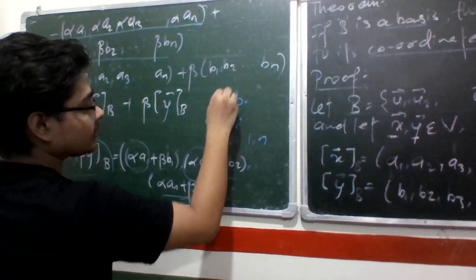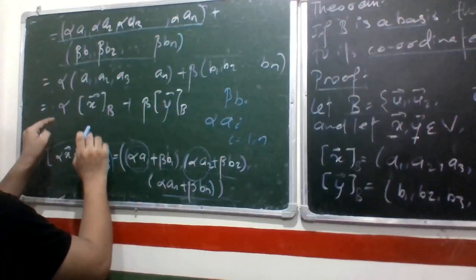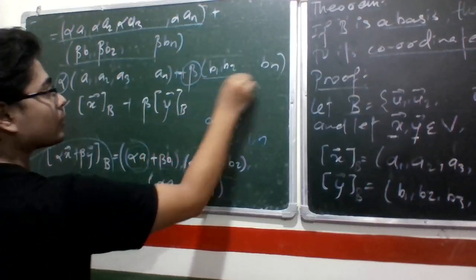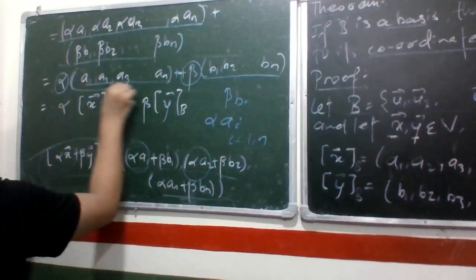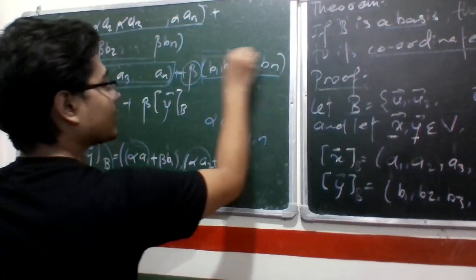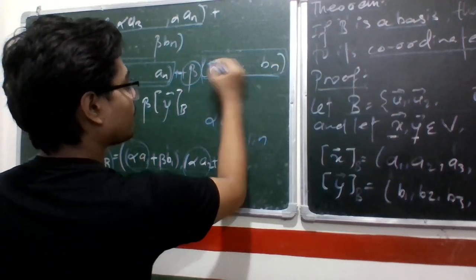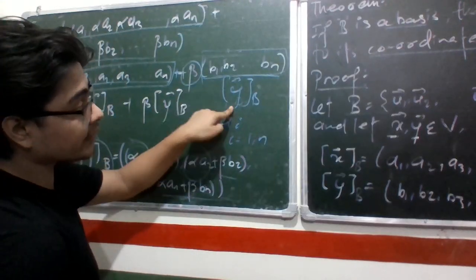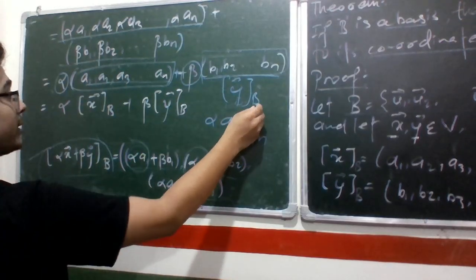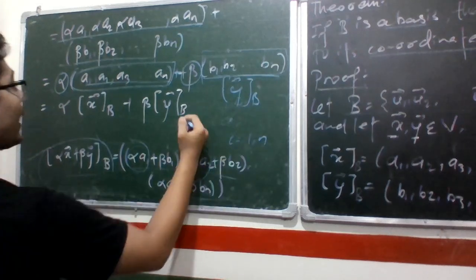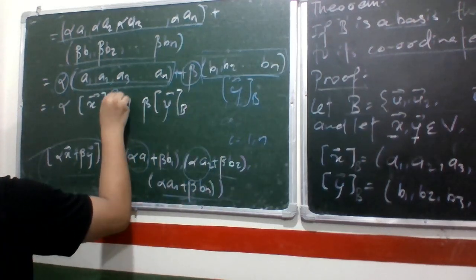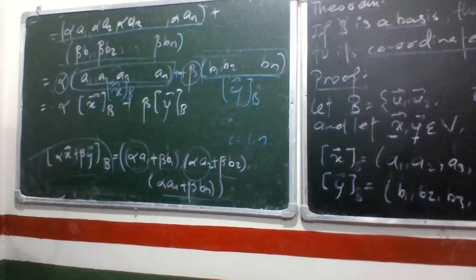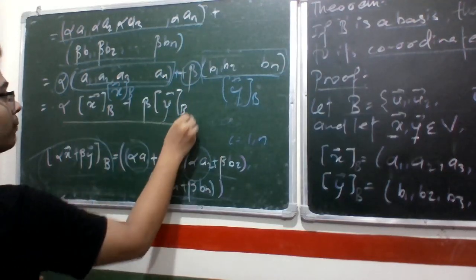Now I can take alpha and beta common out of it, and these are just the coordinate vectors of y with respect to the basis b, and this is the coordinate vector of x with respect to the basis b. So we can write this in this form.